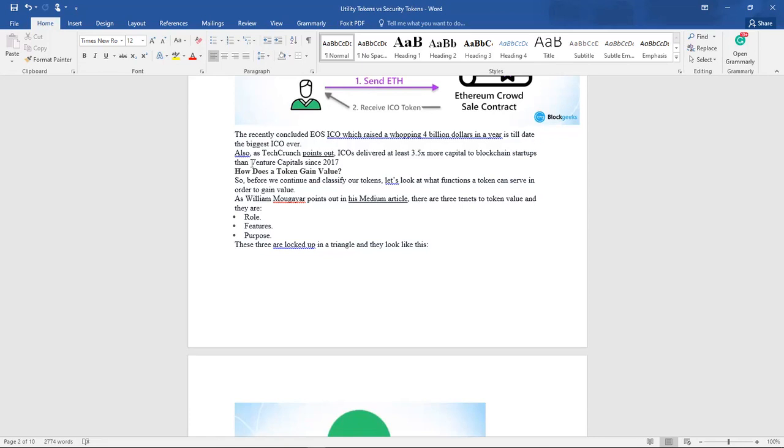It actually creates a triangle, and if one element is missing, then that is not a complete coin or token.